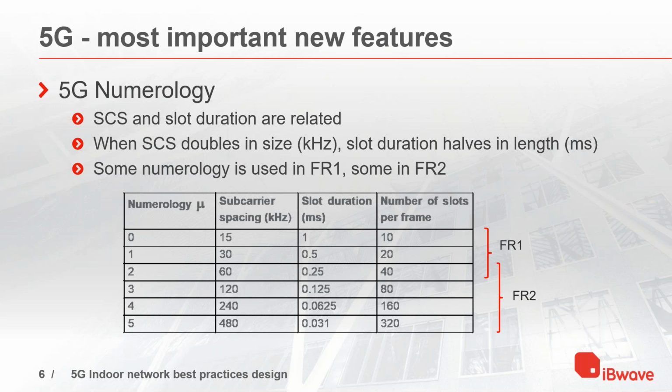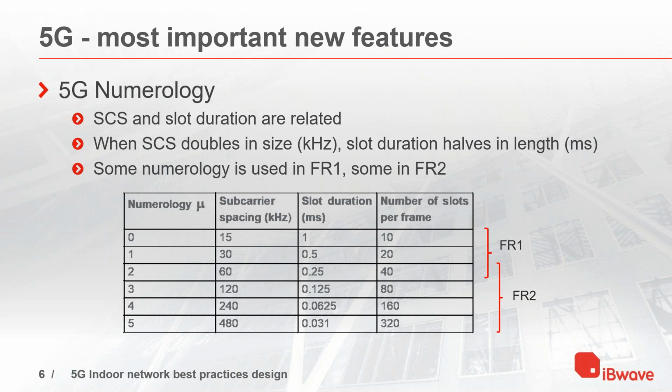I did mention that when it comes to latency, we would want some options which allow us to address our users more frequently, and those options are associated with the higher numerology. As you see, we have more slots per frame the higher we go with numerology, which means that we can address more UEs per frame with a higher numerology.